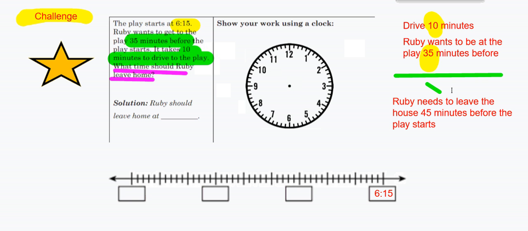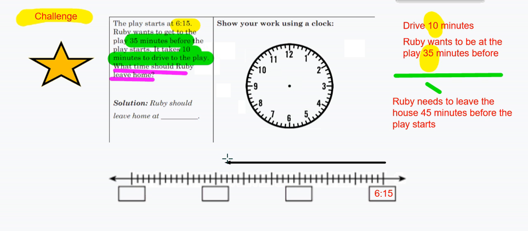Like I said, I'm just going to go one more time over this really quick. Ruby wants to get to the play 35 minutes before that. So you already know you're going to go backwards 35 minutes.